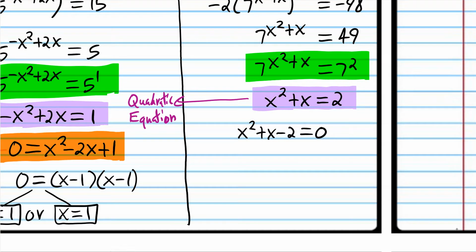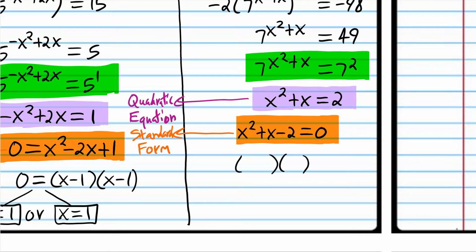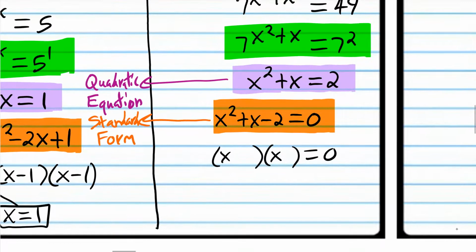Now we can kind of recognize it, hopefully, so we can use factoring. What two numbers multiply to -2 and add up to 1?